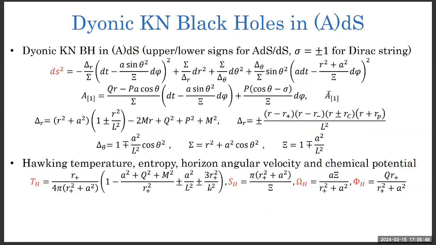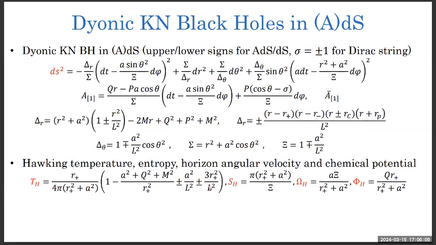I'll skip all these. This is the dyonic Kerr-Newman black hole. It has angular momentum, so it is a little bit more complicated than the simple black hole, but actually has a similar structure.